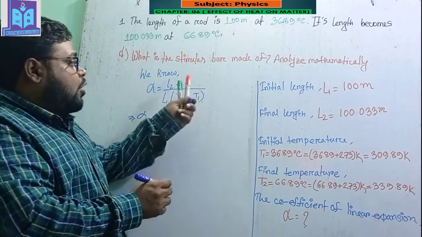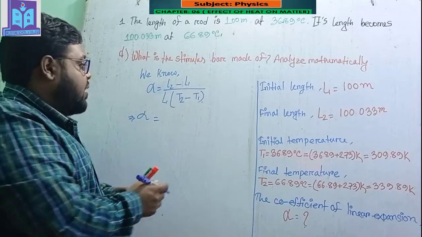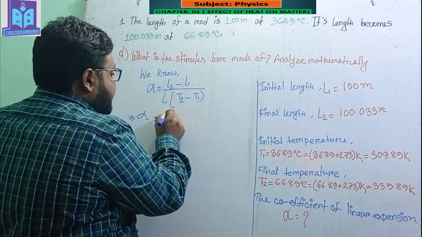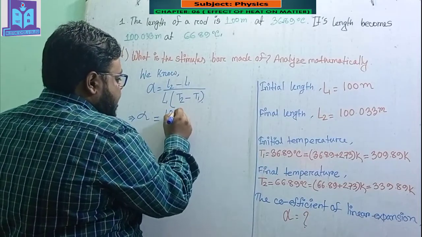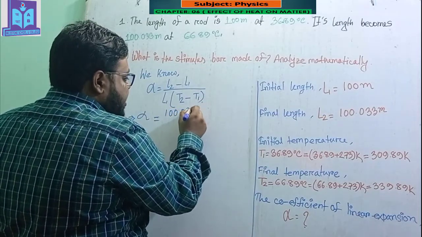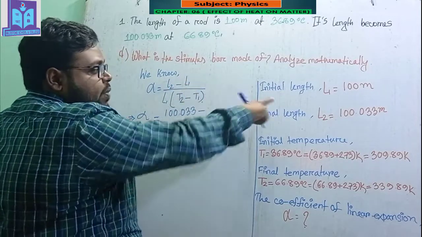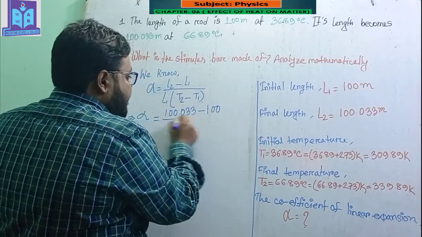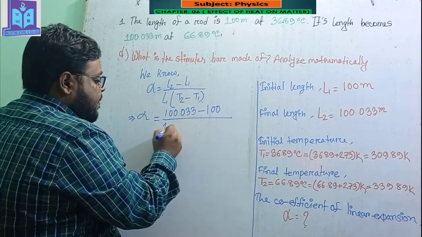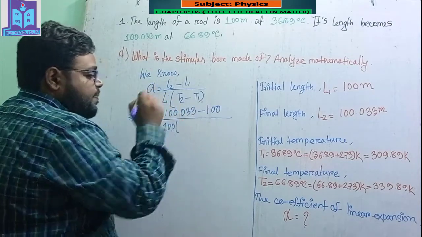If I put all of these values in this equation, then it will look like this. L2, that means the final length, 100.033, minus L1, the initial length, 100, and the initial length 100.